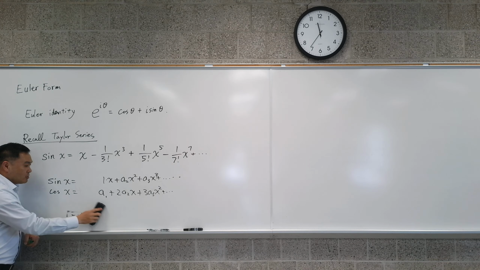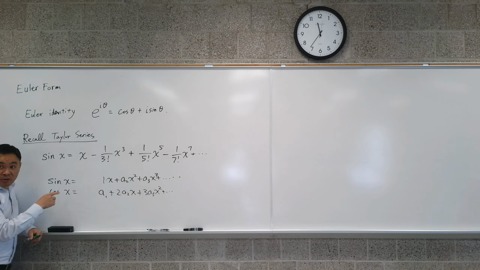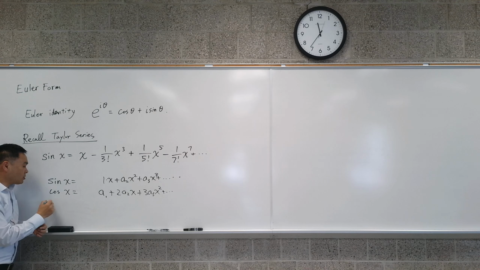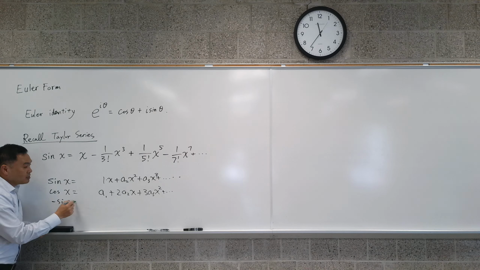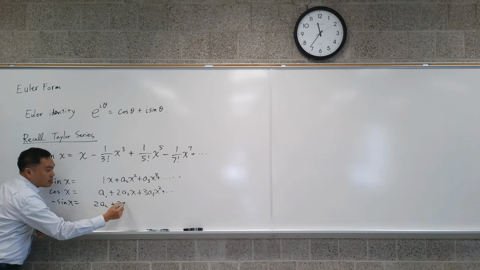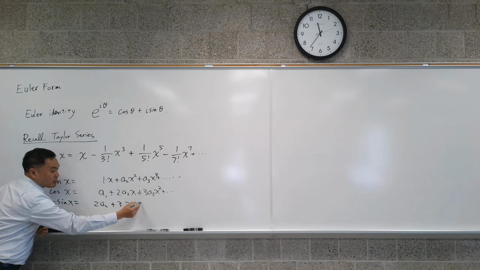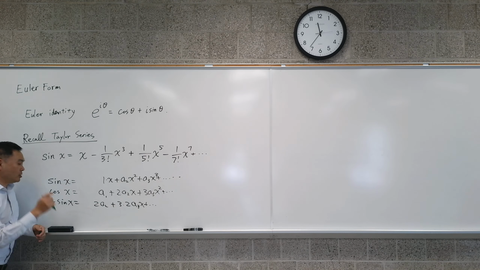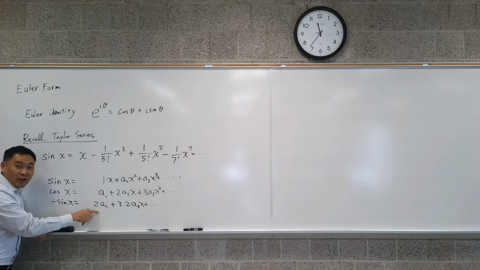Now what do you do? Differentiate yet again. This differentiates to negative sine x, and that becomes 2a2 plus 3 times 2 a3x. Plug in 0 again, then you get a2 as 0.